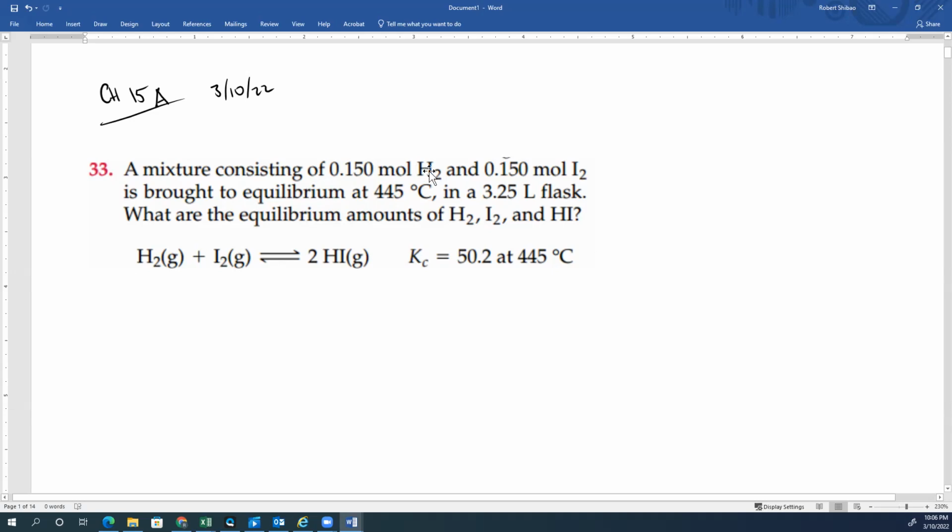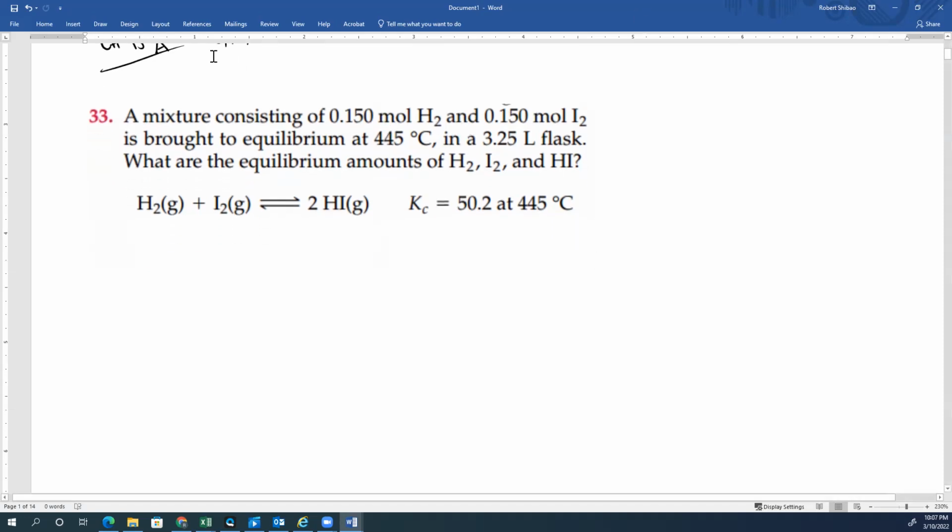What a lot of people like to do with ICE, and your book included, is use millimoles. For example, 0.150 moles is 150 millimoles. So they would do 150 millimoles, 150 millimoles, and then 0 millimoles, and do the entire ICE table in millimoles. Little things like that could save you time. But normally I just do it the long way first, and then incorporate shortcuts.